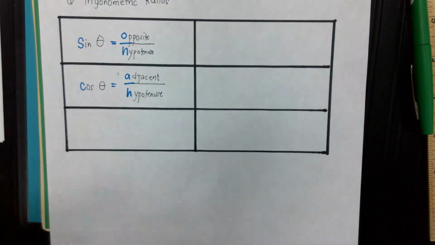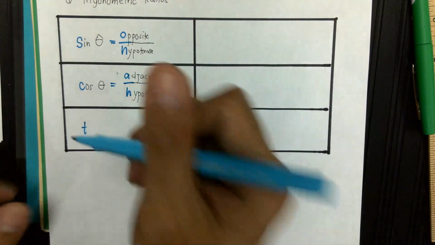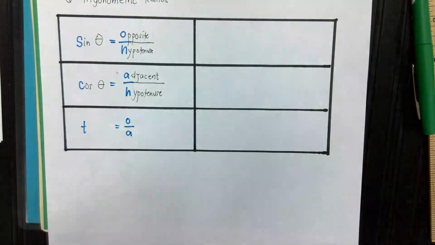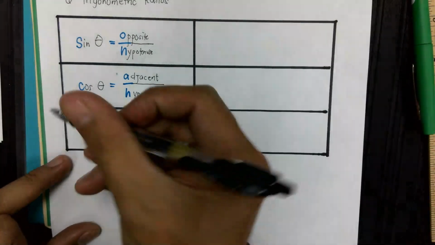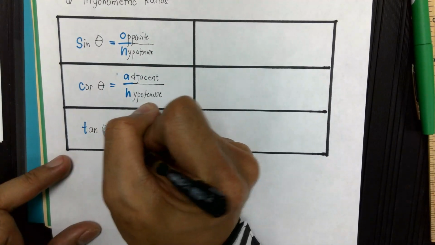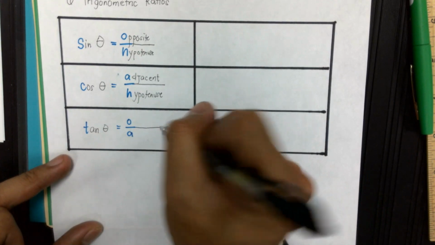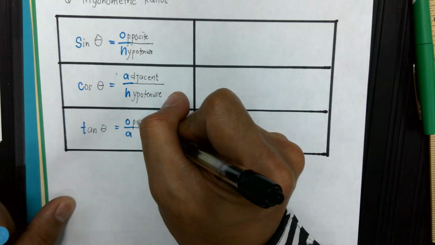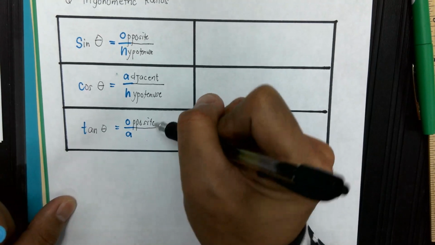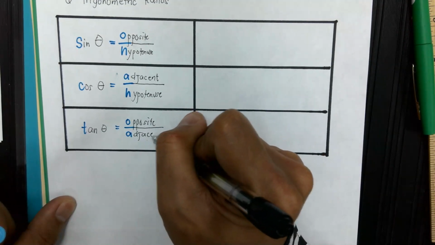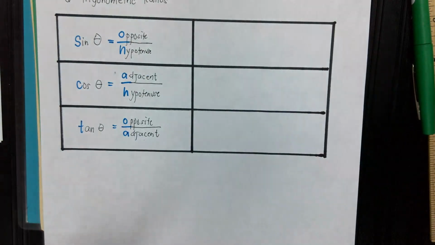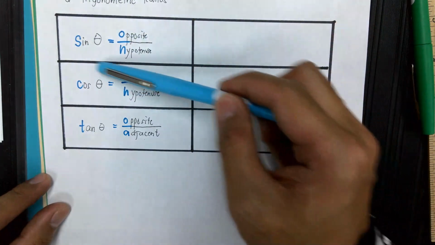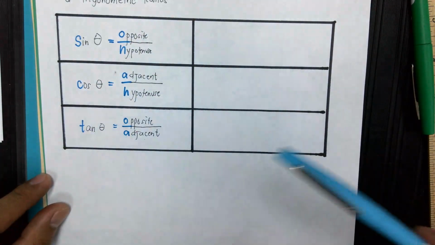Lastly would be tangent, which has the acronym TOA. For the tangent theta, which would require the ratio between the opposite side and the adjacent side. Hence the acronym SO, CA, TOA.